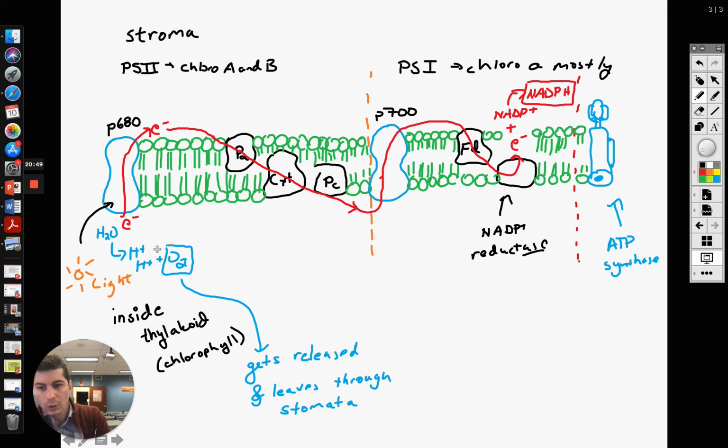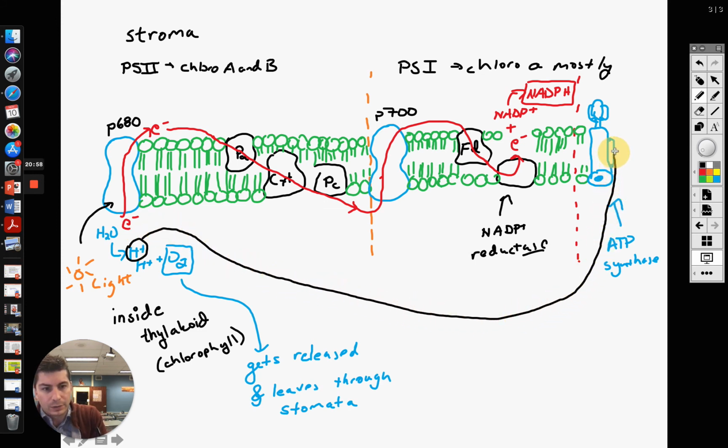What we're going to do is bring these protons, these H pluses, over here, and we are going to feed them through our little chamber here on the side of ATP synthase. So now we're going to have the proton on the outside, feeding them through. Our little drive, our little motor, just like in cellular respiration during the electron transport chain, is going to start spinning, creating potential energy.